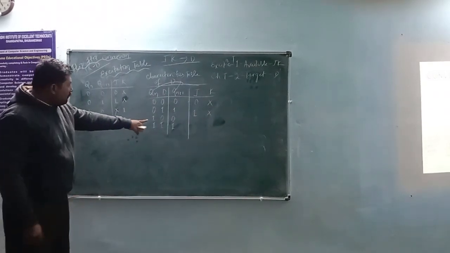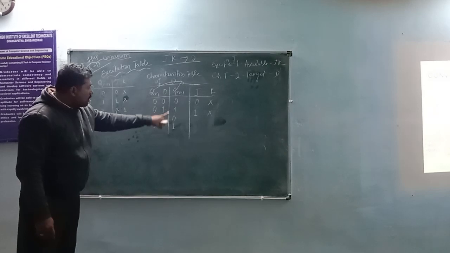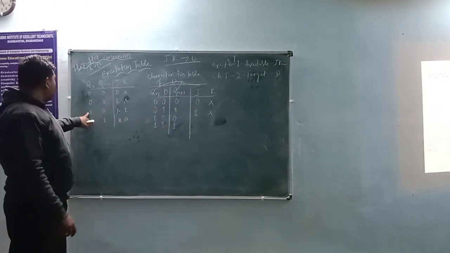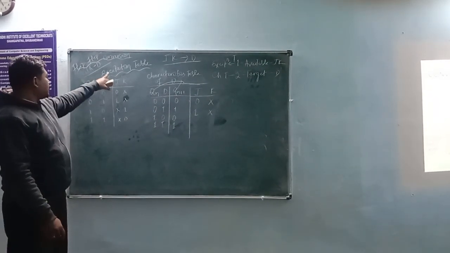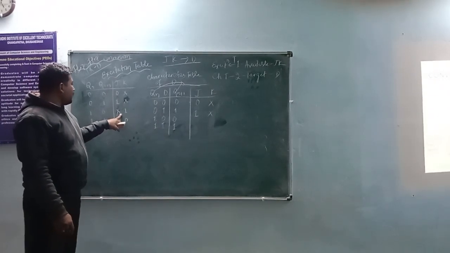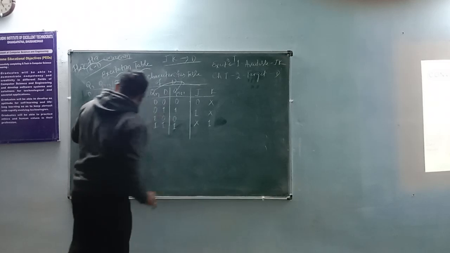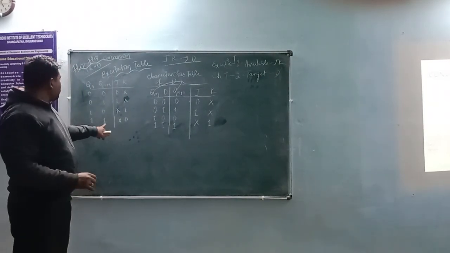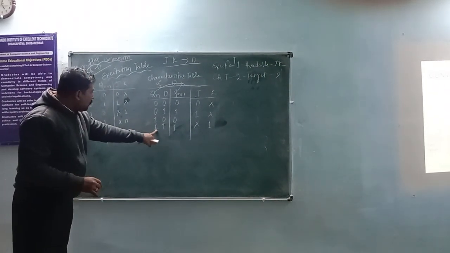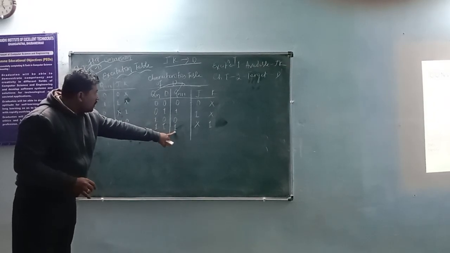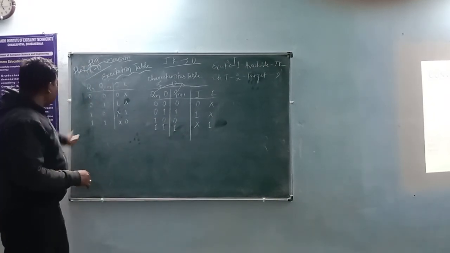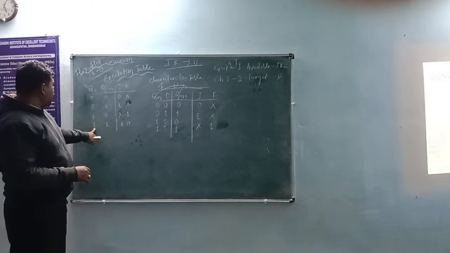Again at the same time, the Qn value is 1, Qn+1 is 0. The excitation table tells that the J value is going to be don't care and your K value is going to be 1. And you can see the Qn value is 1 and Qn+1 is 1 in the characteristic table of D, and you refer to this excitation table as 1 and 1.